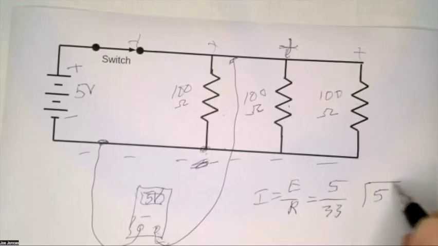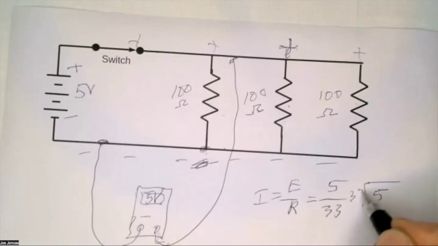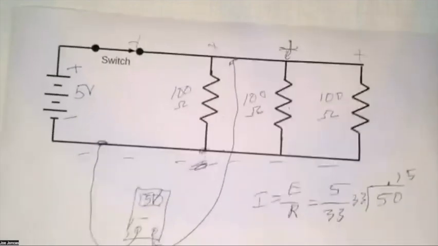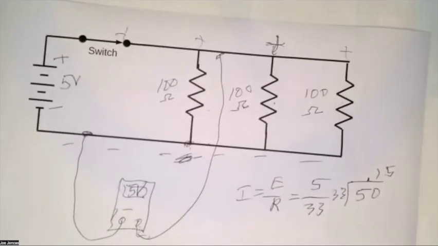So 5 divided by 33 would be 0.15. I'm not sure if that's the exact amount. 150 milliamps. Correct.